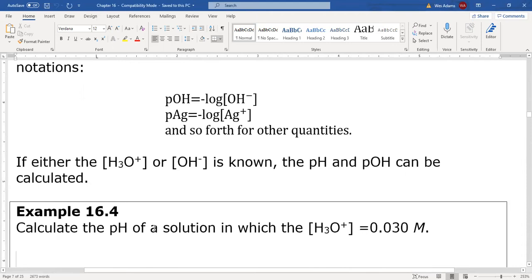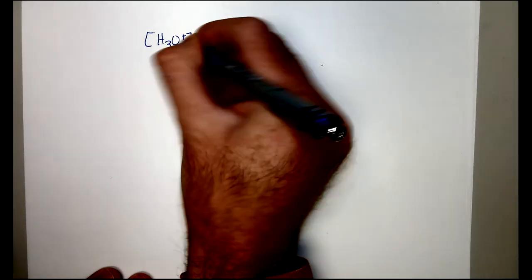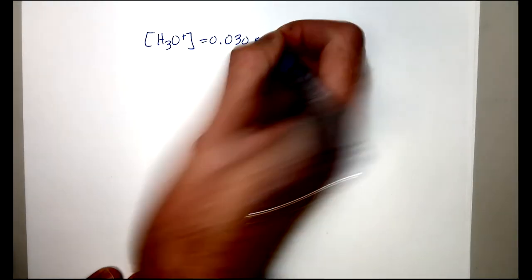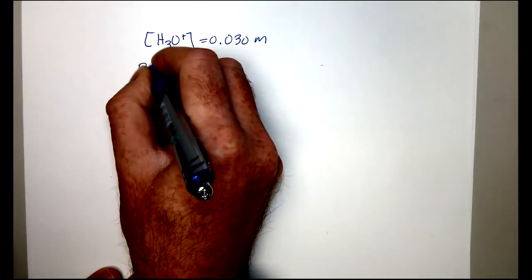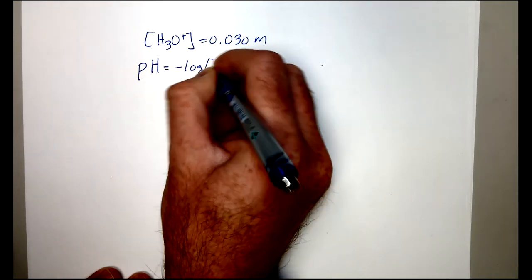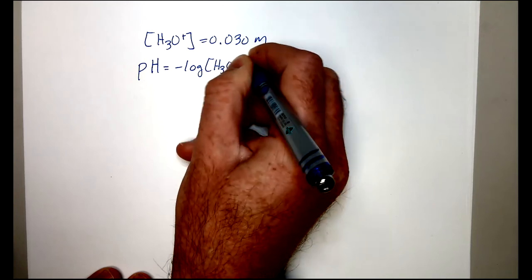So let's calculate the pH of a solution in which the hydronium ion is 0.030. So we're going to look at the paper. So we got hydronium ion equals 0.030 molar, and pH is equal to the negative log of the hydronium ion concentration.